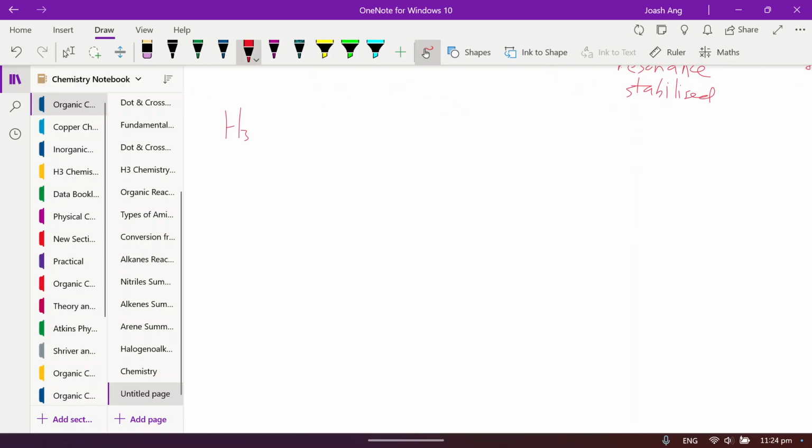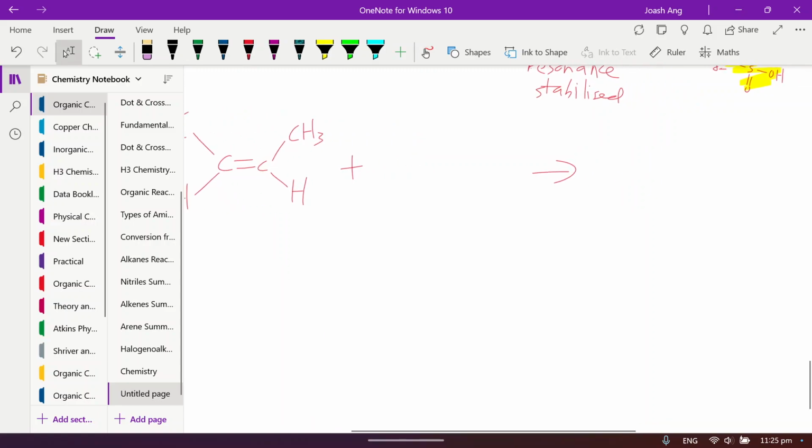So you have H3C. This can be either cis or trans because I never really specify it. And this causes this product to form.